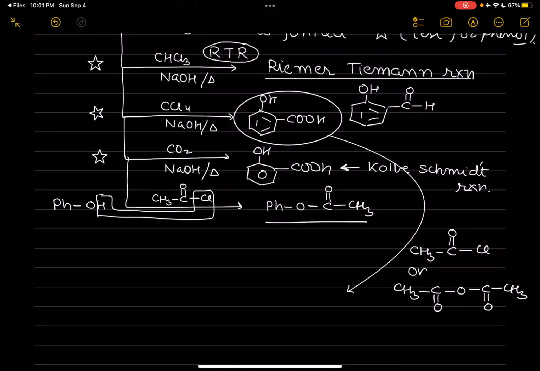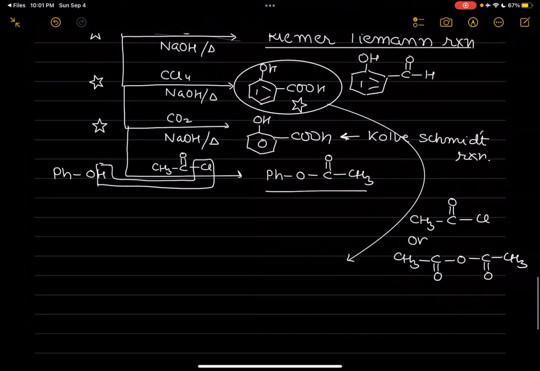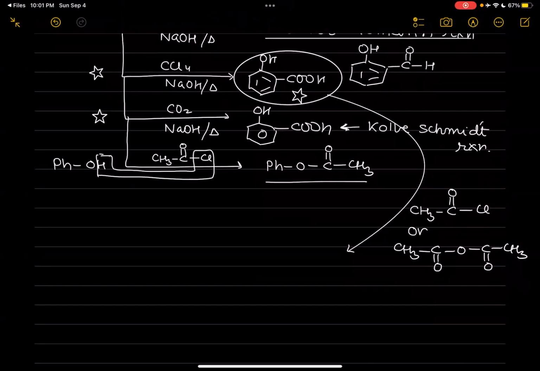So what do you get, Darshan? If you do the acetylation of salicylic acid, this is salicylic acid. This one. Yeah, tell me. What's going to be the answer?